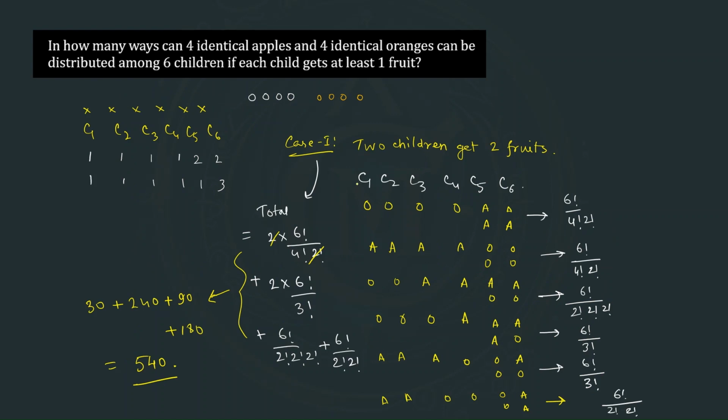So here the total number of possible ways will be equal to 540 plus 180. So it comes out to be 720. So 720 will be the total number of ways possible in this case. I hope you understood the concept behind this question.